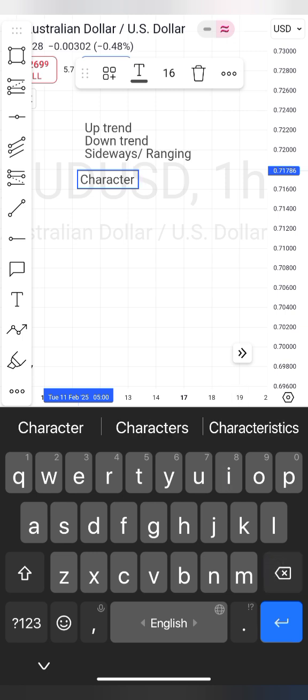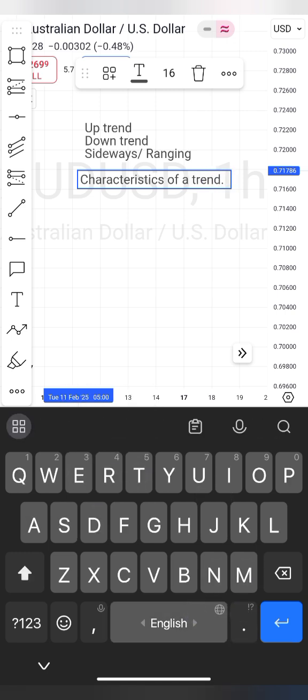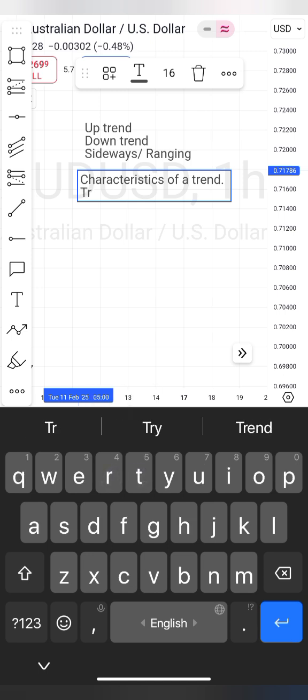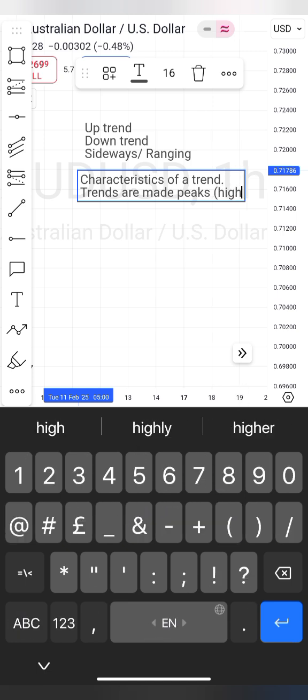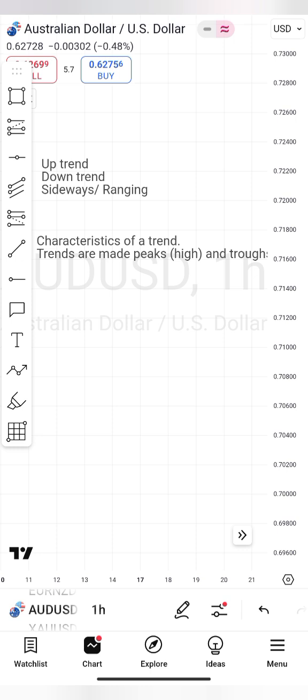The characteristics of a trend is that trends are made up of peaks or highs, like the peak of a mountain, and troughs, which are lows.